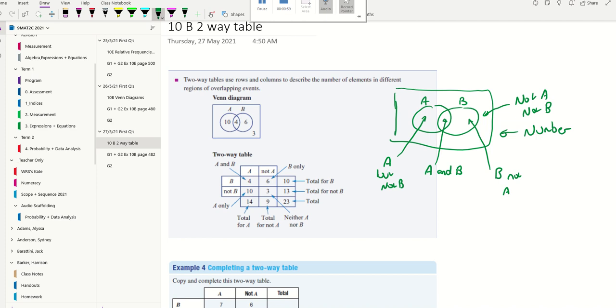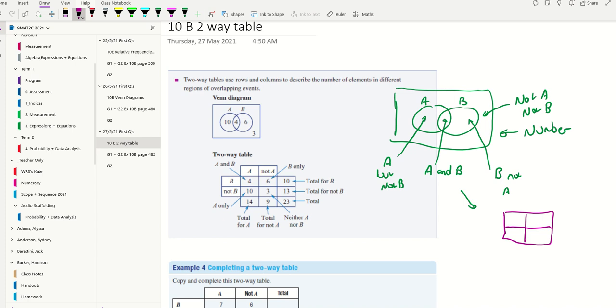So we're just going to represent that same information in a two-way table. The way that works is, if we bring that down here and have a look, we set up a table with those categories. We want an A and B, we want A and not B, we want a B and not A, etc. So we have a table here in the first place, which has got our four options.